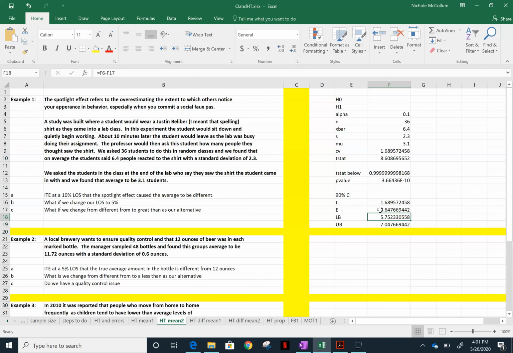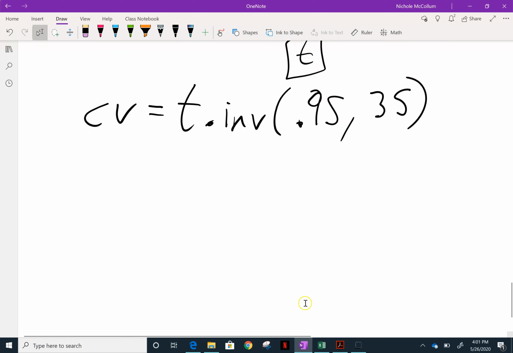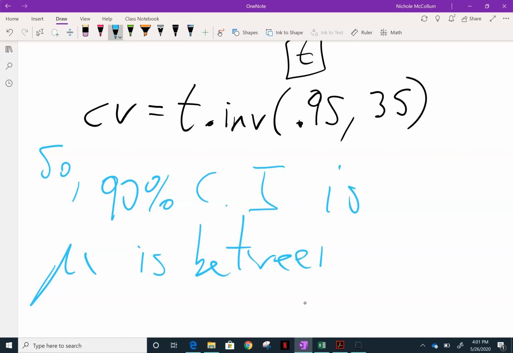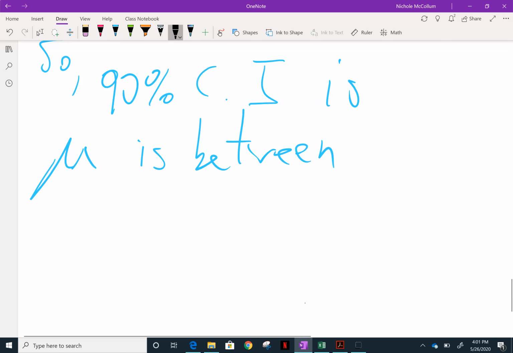There is your confidence interval. I'm 90% confident the person running the whole test, right? The student, their perception is somewhere between 5.75 and 7 students noticed them. That is the 90% CI. So the 90% CI is that the classroom average is somewhere between those two numbers.